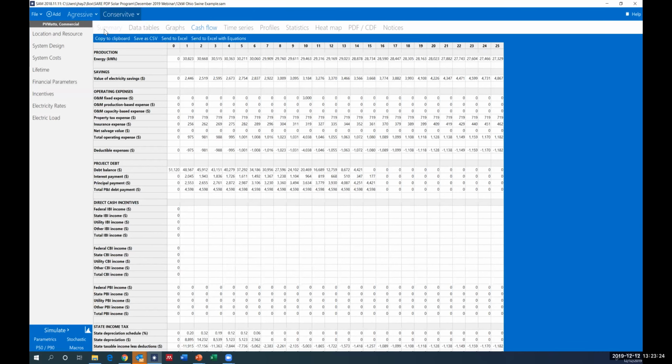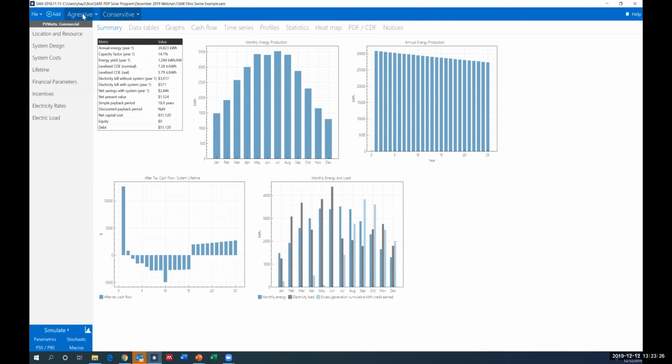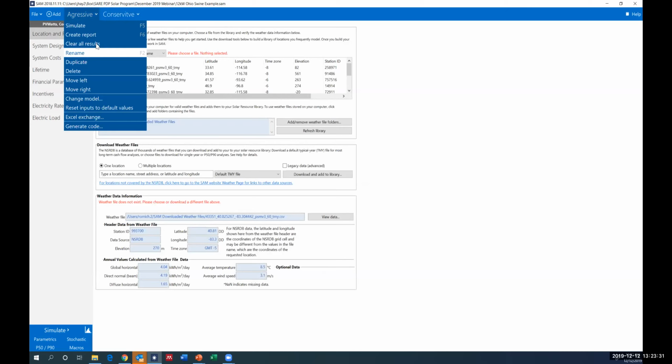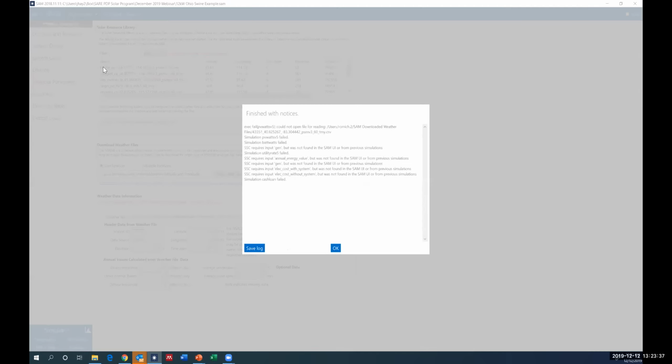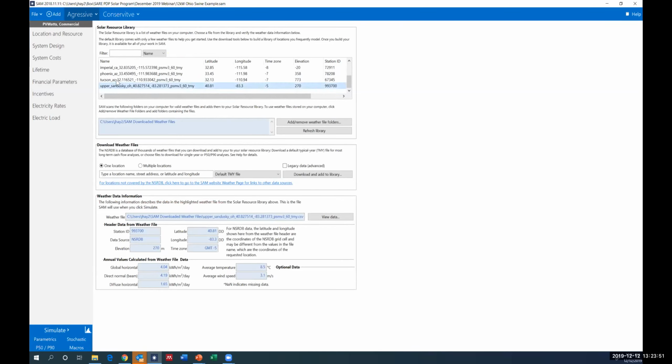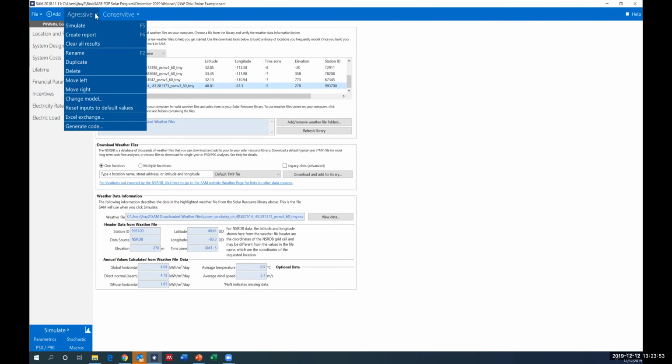So let's go back to our aggressive scenario, and if we click on this, we can run a report, create a report. I didn't have a scenario or a weather file selected.